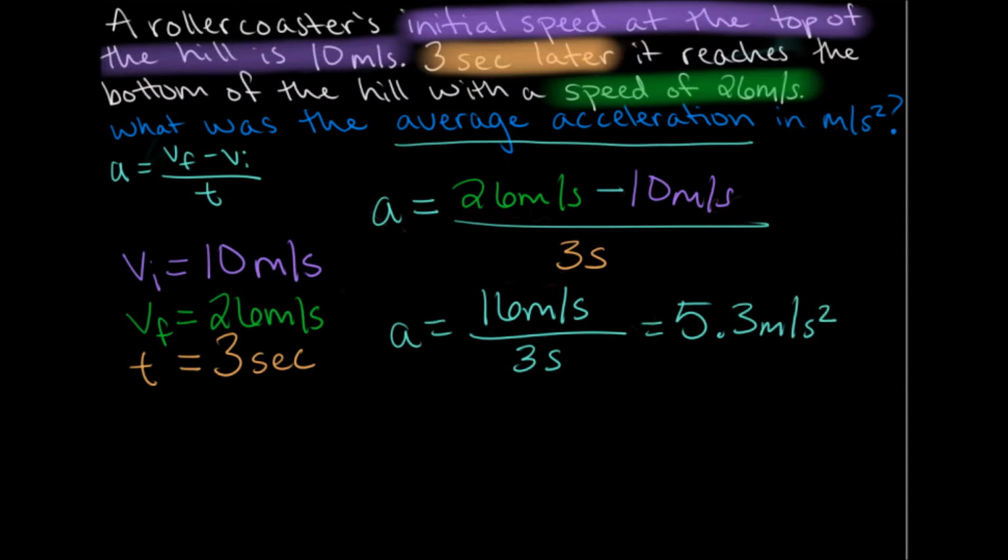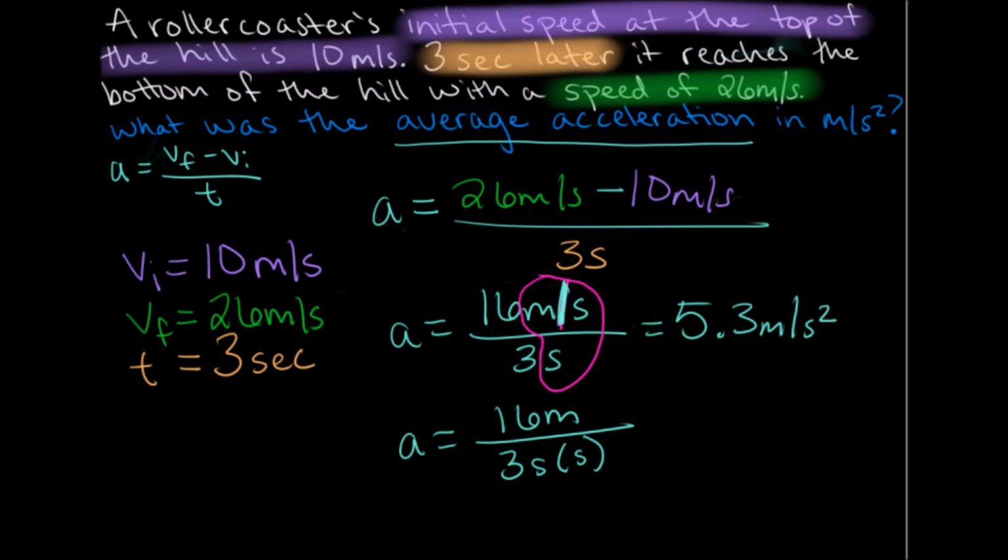And let's look at why this is. So if you notice my units right here, I have this divide line. That divide line actually means that the seconds is on the bottom. So I could rewrite this. I could have written this as 16 meters over 3 seconds times seconds.